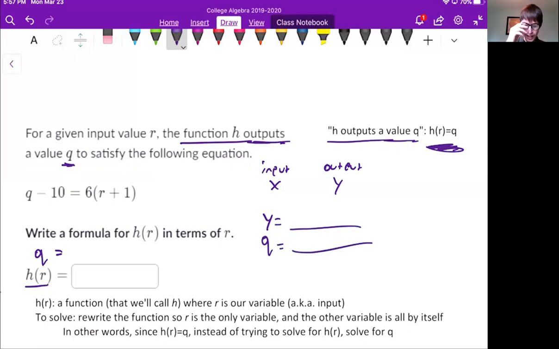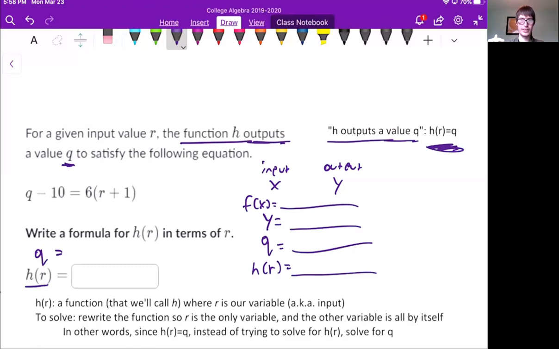We'd say y equals something, and the same way we write f of x equals something. So if we have q equals h of r, we can say q equals something. The big thing we're going to catch is that q is what we're trying to solve for. And if we can solve for q, then we'll have the answer.